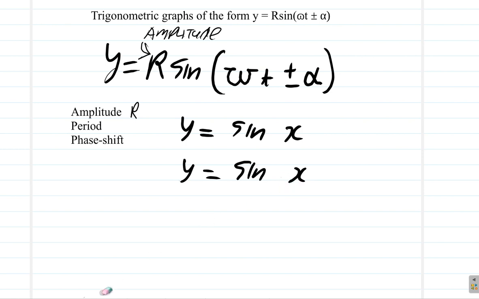If I write it in this form, it is really sine 1x plus or minus 0. That's what it is, but we didn't bother to write the 0 in the brackets. So what I want to do is look at y equals sine 2x. In this case, remember, the x is the t, the omega is the number you multiply x by.